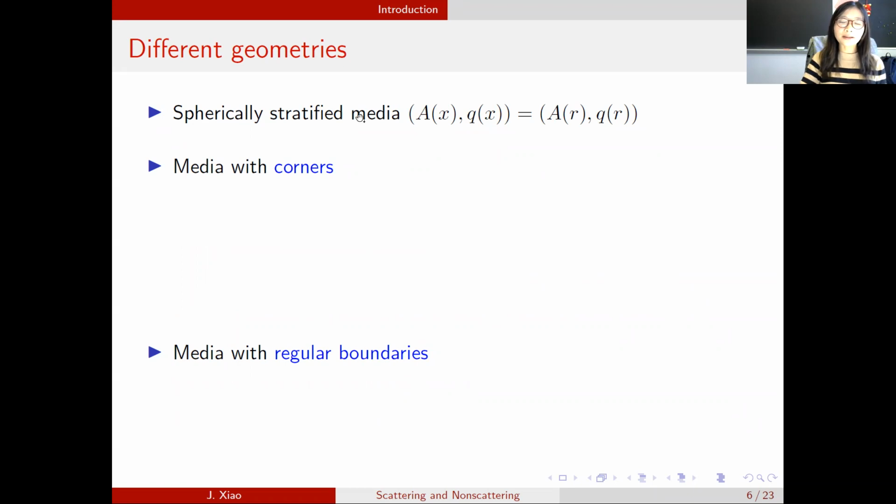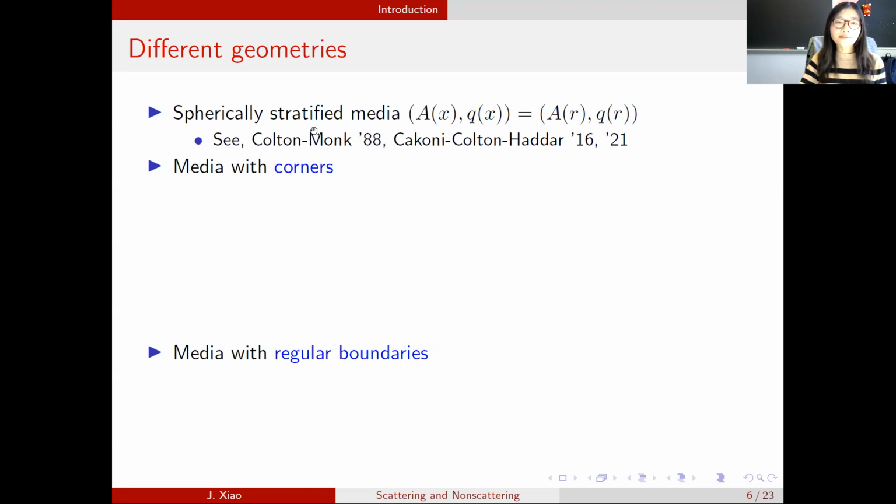One is when the media is spherically stratified, when the media is just a function of the radius r, the modulus of x, the length of x. Another is when the media has a coordinate singularity on the boundary. And the third type, more recent, is when the media has regular boundaries.